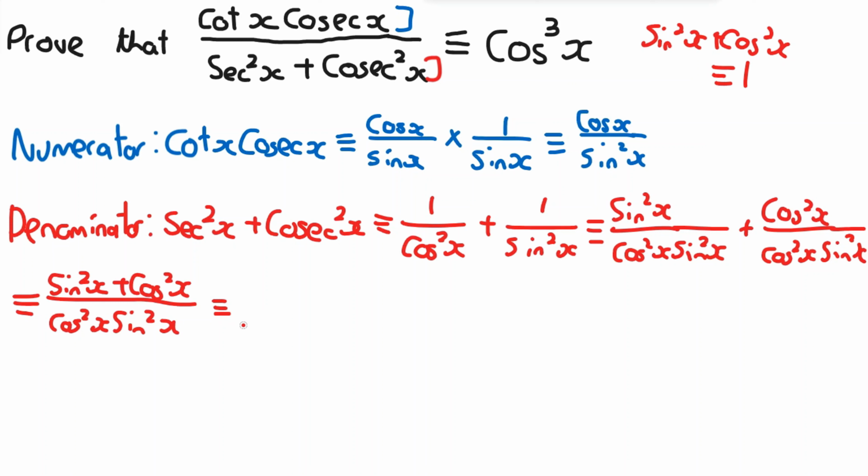Therefore, this is equal to 1 over cos squared x sin squared x, like this. So therefore, the numerator is this, so it's cos x over sin squared x, and then this is divided by the denominator, which is this here.